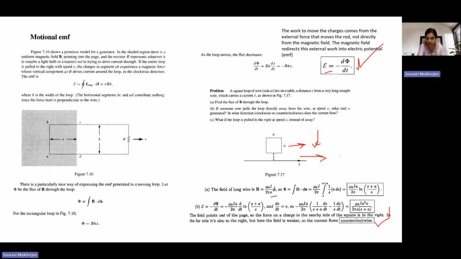The magnetic field only drops in this direction. So if you move your loop along, suppose, x, along this direction, the flux does not change. And because the flux does not change, there is no EMF generated. Because the flux is constant in this case, the EMF goes to 0.